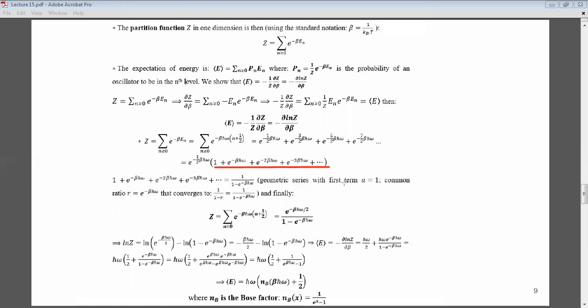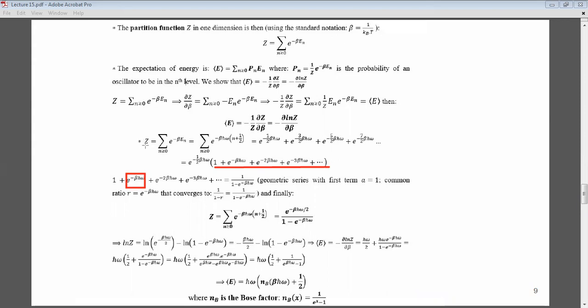This is a geometric series with the first term a equal to 1 and common ratio r equal to e to the minus beta h bar omega, that converges to 1 over 1 minus r. So this is my r over here. So this converges to 1 over 1 minus e to the minus beta h bar omega.